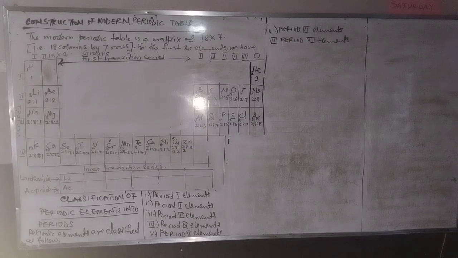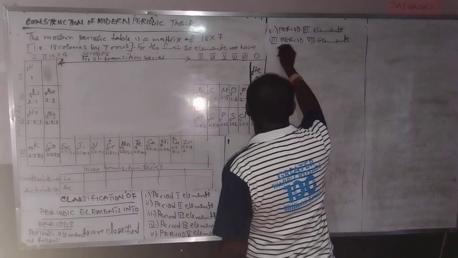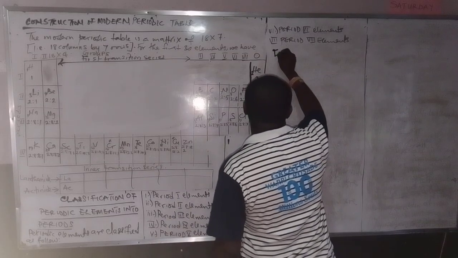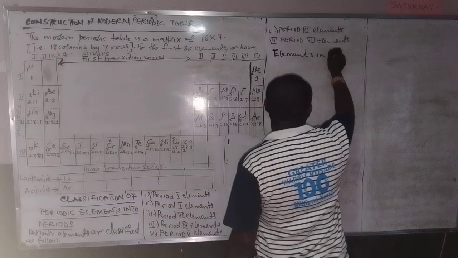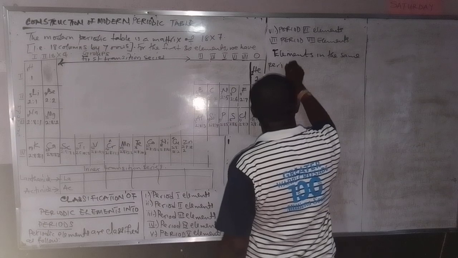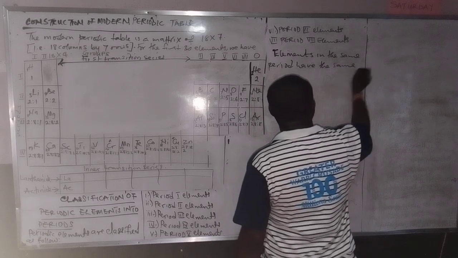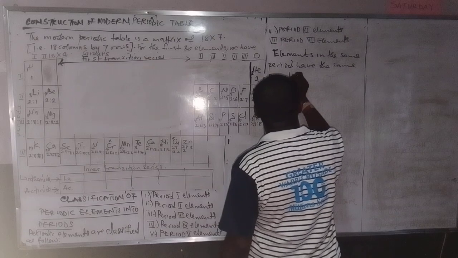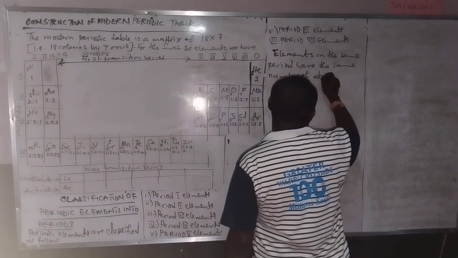Now, what are the elements in period 1? Elements in the same period have the same number of atomic shells.